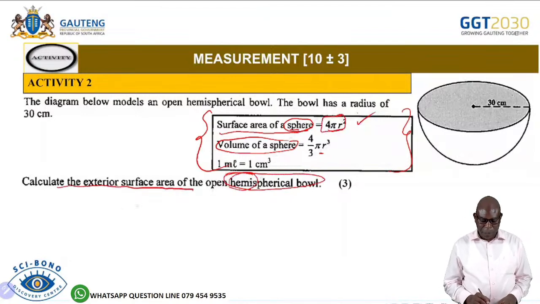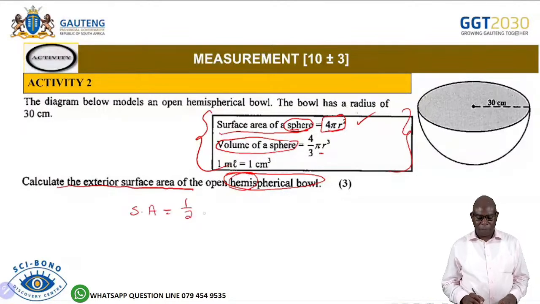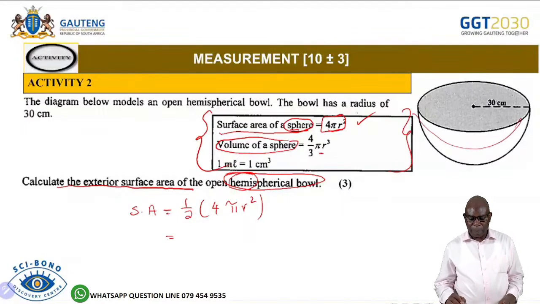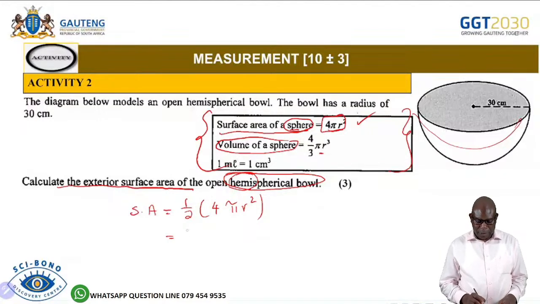So the formula that I'm going to be writing here for the surface area of that sphere will be half of the full sphere. Because that's the exterior part, you cannot calculate that part there. So it will be half. So half of that will be 2 pi r squared.